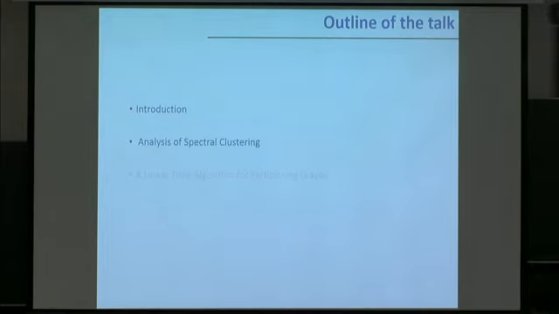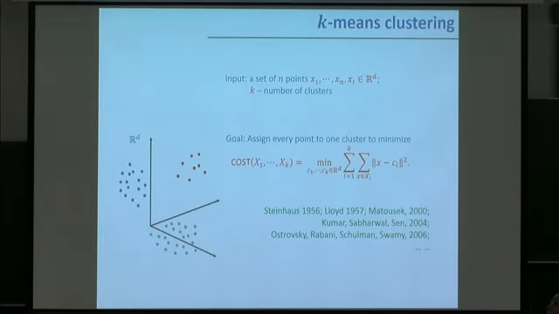Now we go to the second step of analyzing the spectral clustering algorithm. We first recall what k-means clustering is. This is a well-studied combinatorial optimization problem, which was introduced around the 1950s. The problem is as follows. We have a set of n points, x1 to xn, where every point xi is in d-dimensional space. We are also given a parameter k, which is the number of clusters.